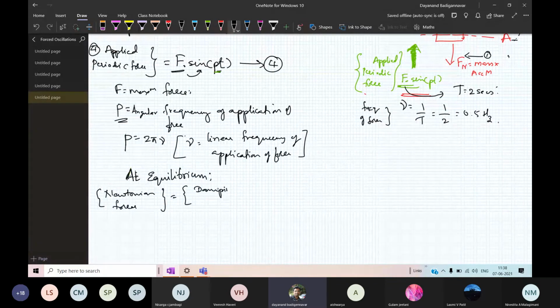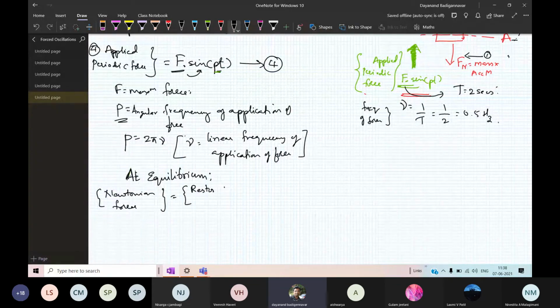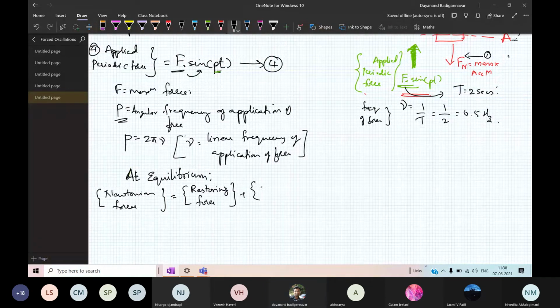First I will write the restoring force, then comes the damping, same as we have done in the last part. So the restoring force plus the damping or frictional force, plus the new one that I have introduced, the applied periodic force.